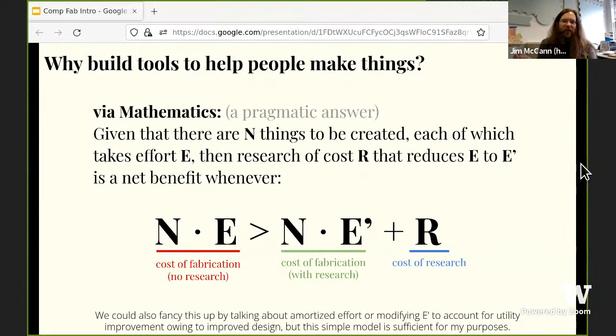So whenever this inequality holds, it is worth it to do the research to make the better tool. And we could fancy this whole thing up. We could talk about amortized effort or modifying E prime to account for utility improvement owing to improved design, but this simple model will be sufficient for the remainder of my motivation.